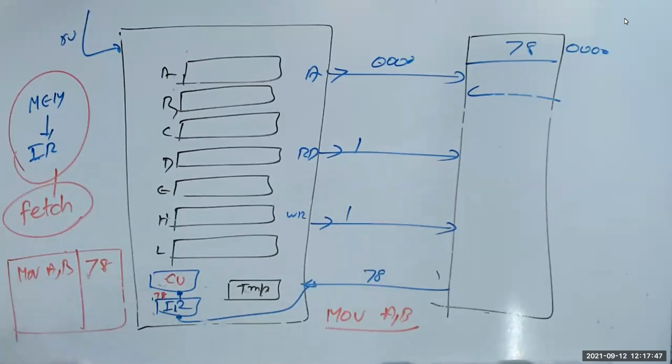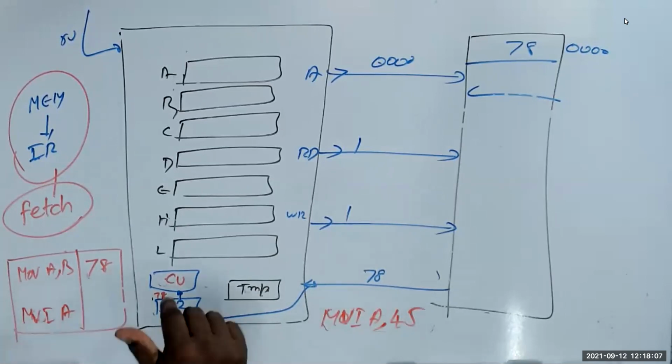Okay. Now the control unit thinks, let us say, move immediate A, and you are asking it to move immediate A comma something, 45.